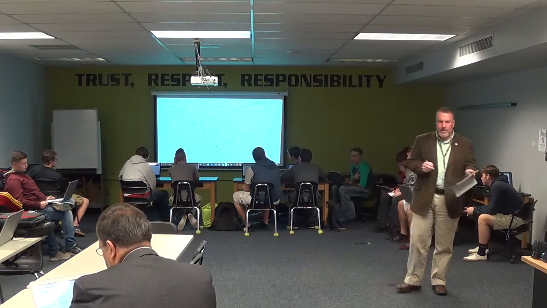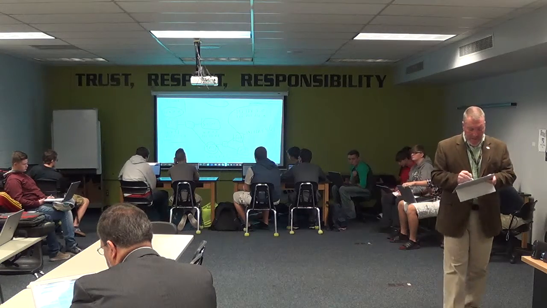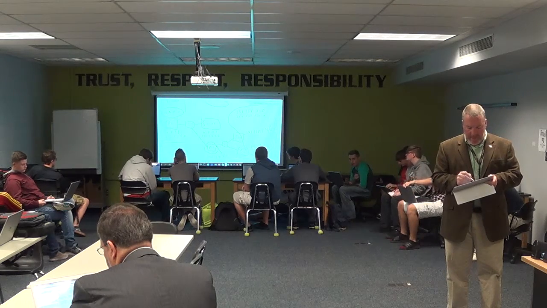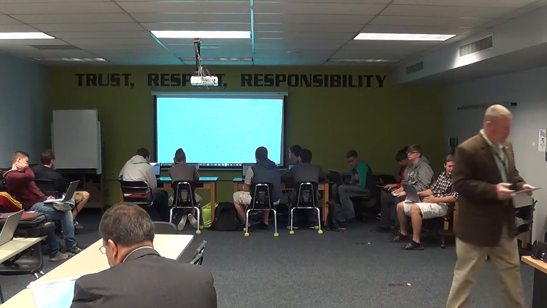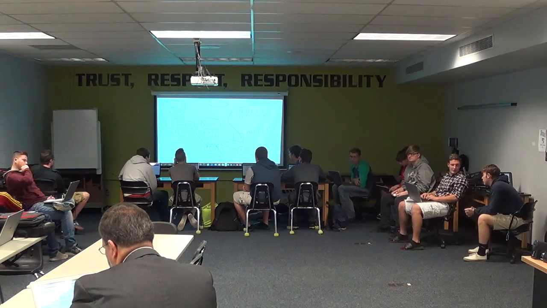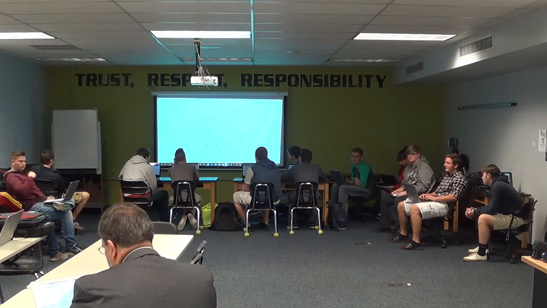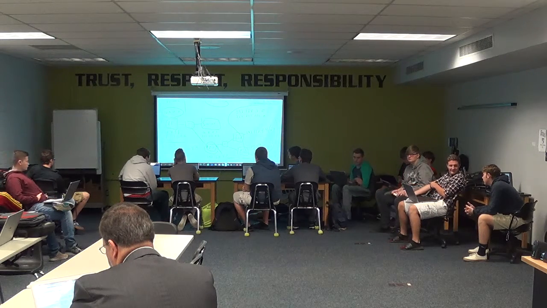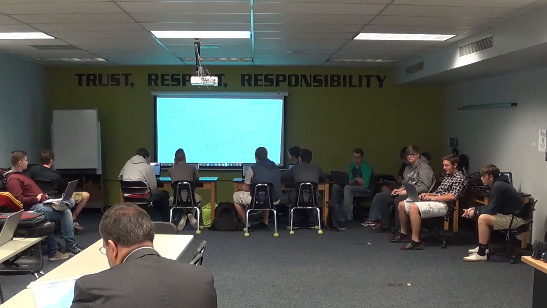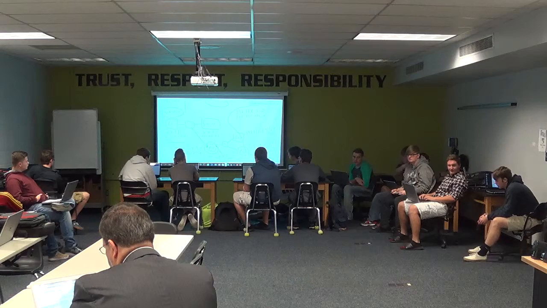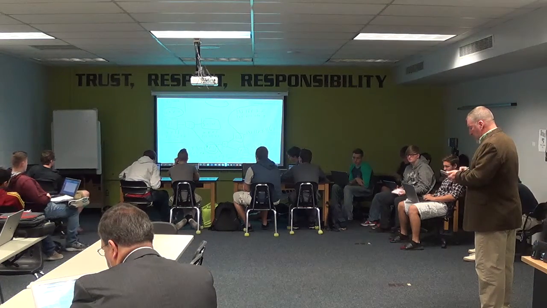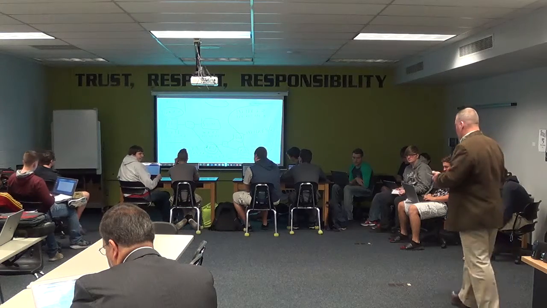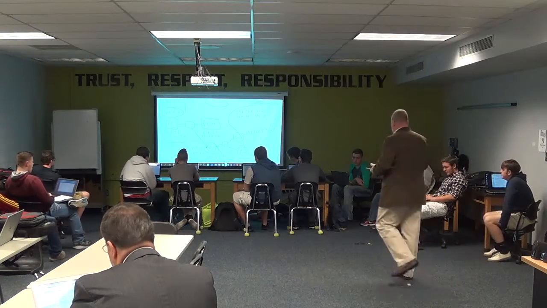So, Christopher, give me an IP address for this interface on the left-hand side of the router. 10.8.9.4. Okay, and a subnet mask? 255.255.0.0. Very good. It's on the same network. It's different than all the other hosts, but it's assigned to the router.